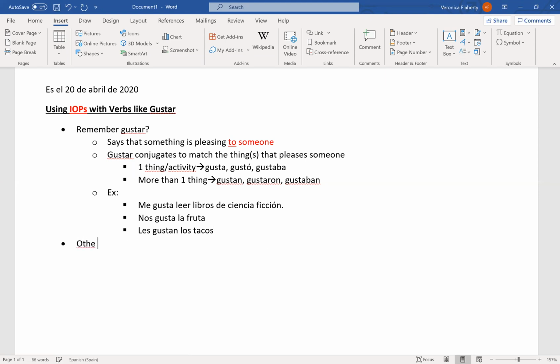So other verbs work like gustar, saying that someone is affected by something else.